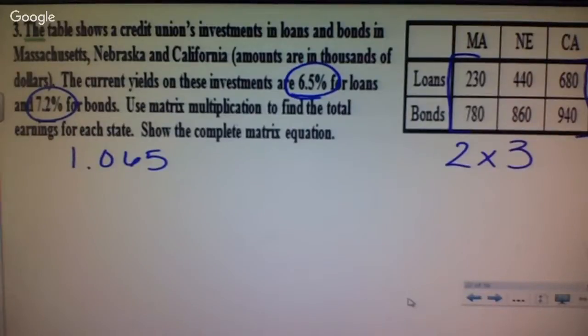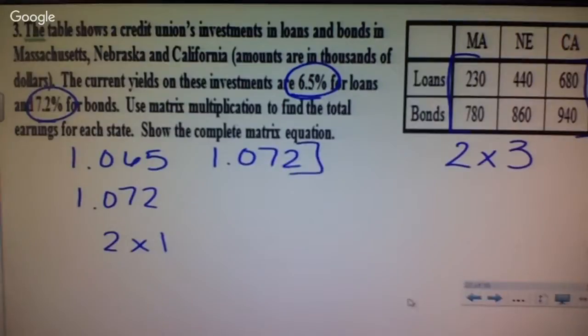Understand that. But listen, if I put this here, then what is this matrix? The 1x2. 2x1. Can I multiply a 2x1 and a 2x3? No, it's got to be a 1x2. So that tells me that this number has to go here. Okay. So just be very cautious of that.